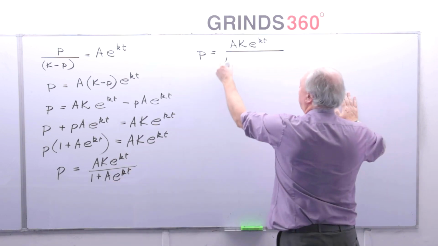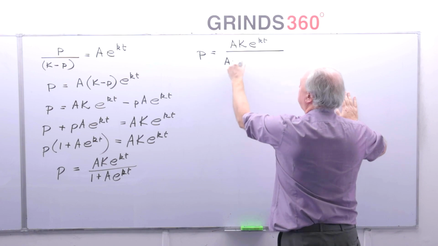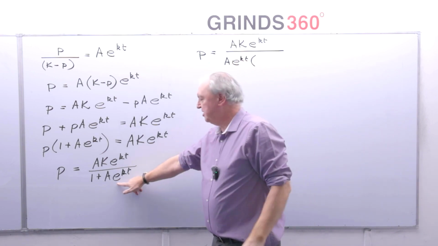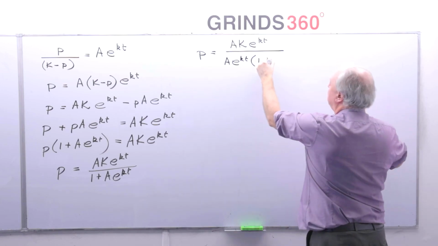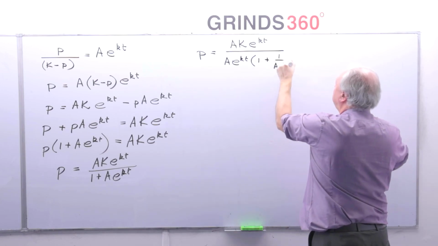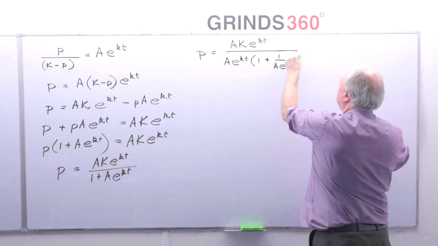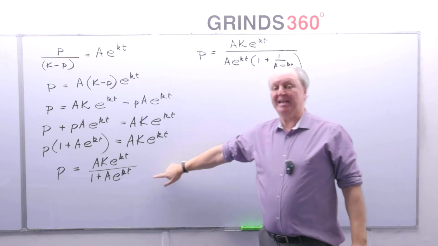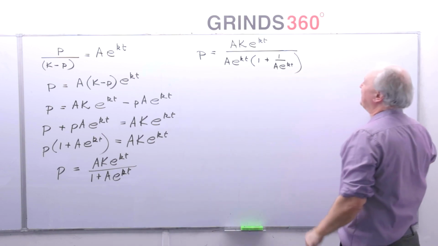So it's going to be A e to the power of kt times 1 plus 1 over A e to the power of kt. So in other words, if you multiply that out, you get that exactly back.